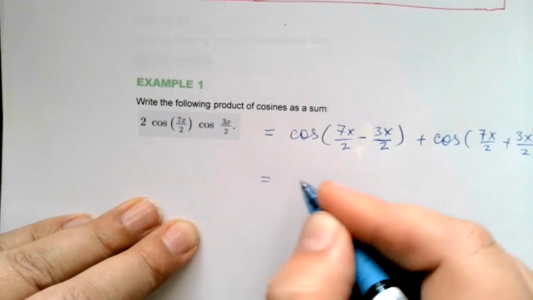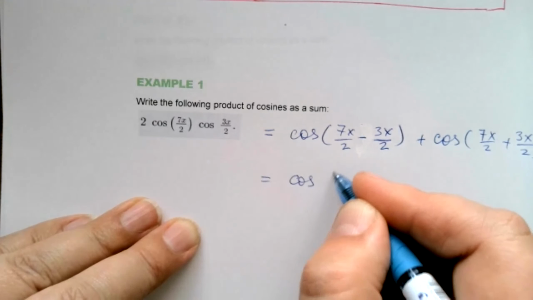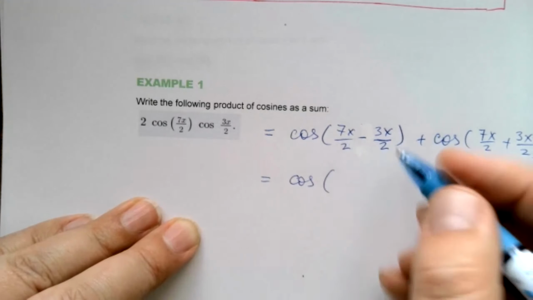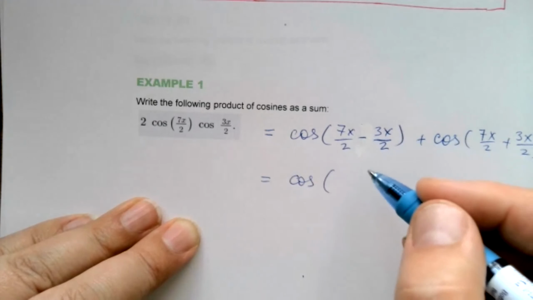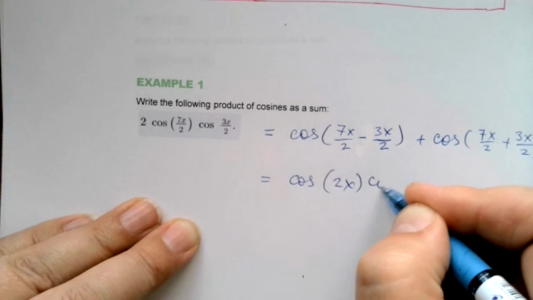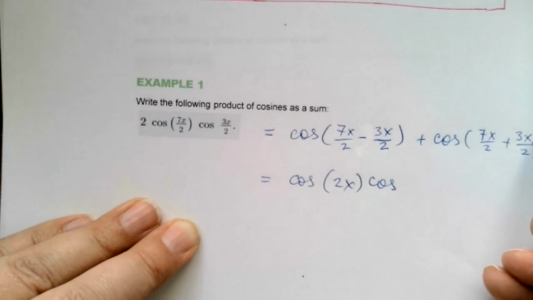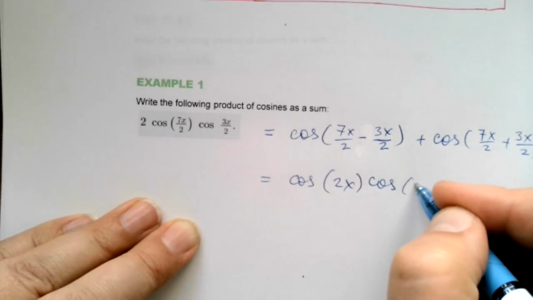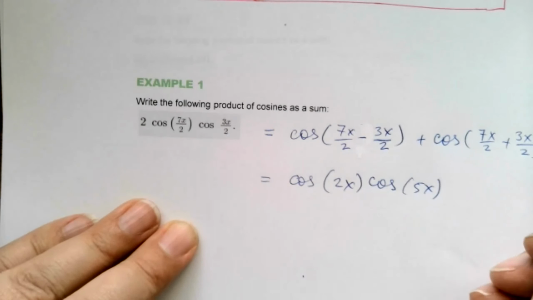And of course, we're going to simplify them. Here we have 4x over 2, which when we simplify is going to be 2x. And here we have 10x over 2, which when we simplify is going to be 5x.